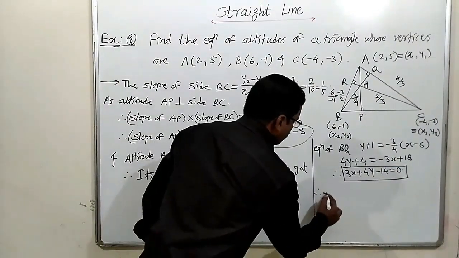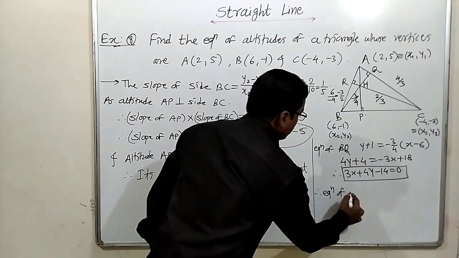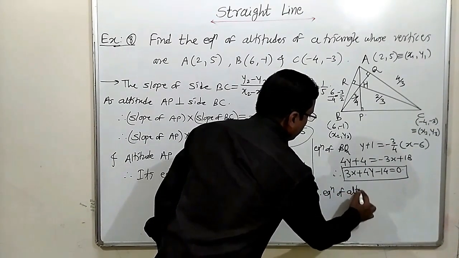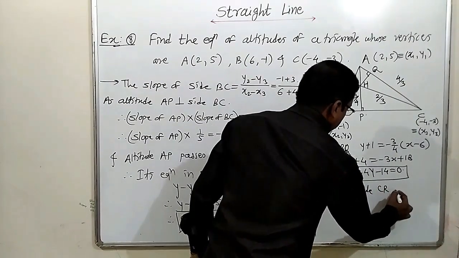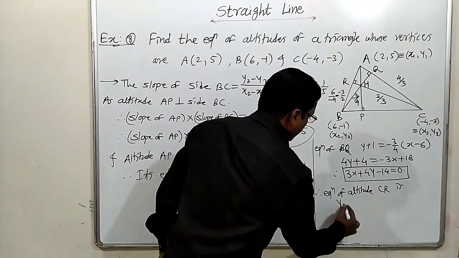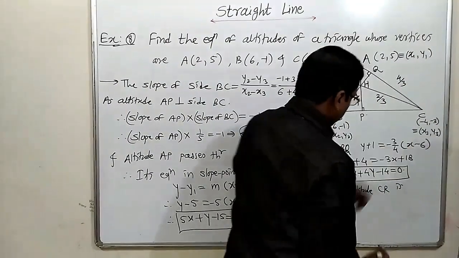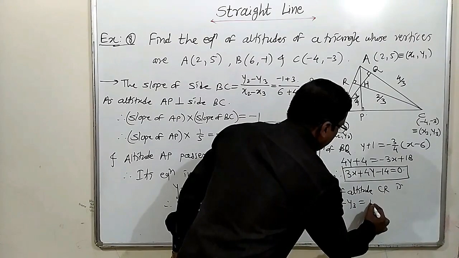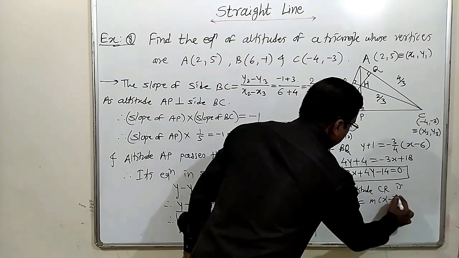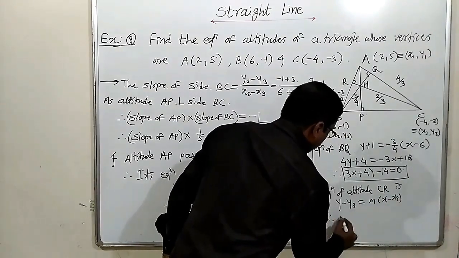So the equation of altitude CR is y minus y3 equal to slope m into x minus x3, where the point is C, (x3, y3). Put the values.